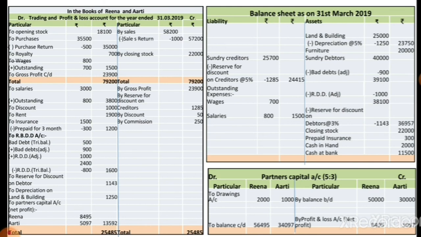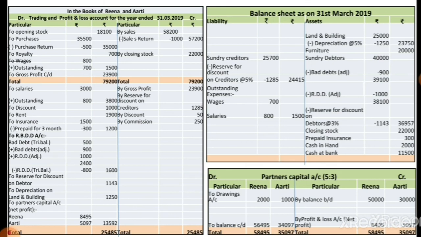After that we close the partners' capital account. So we find out the closing balances of the partners' capital. Here we find the credit balances. Reena's closing balance is 56,495 and Aarti's closing balance is 34,097, and that balance we transfer to the balance sheet liability side.